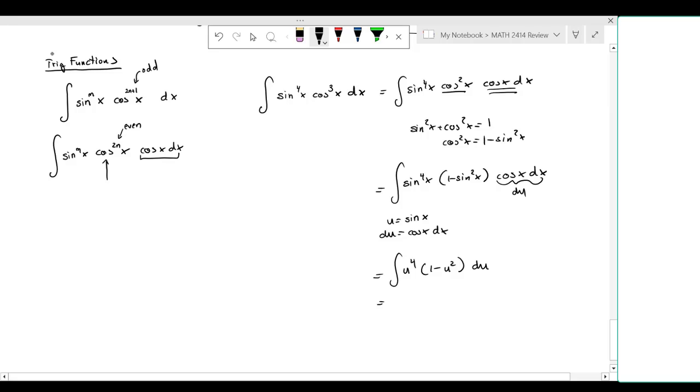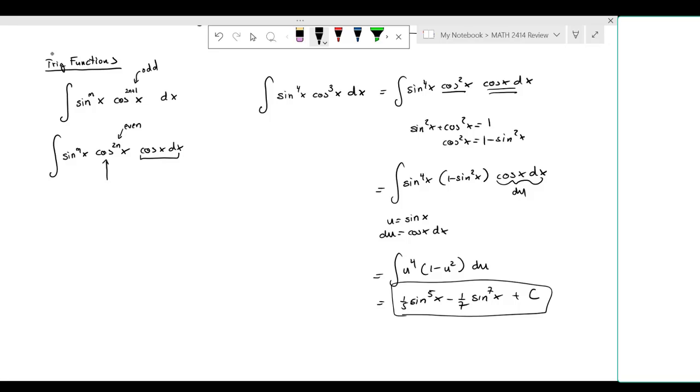And then we all know how to do this, so that's just integrating a polynomial in u. And then back substituting, u is really sine. So that's one case, where the power for cosine is odd.